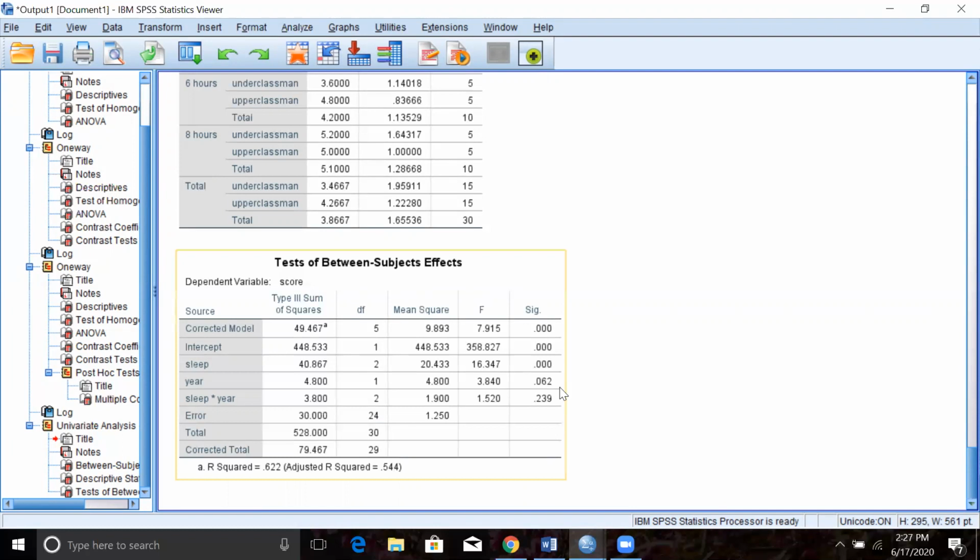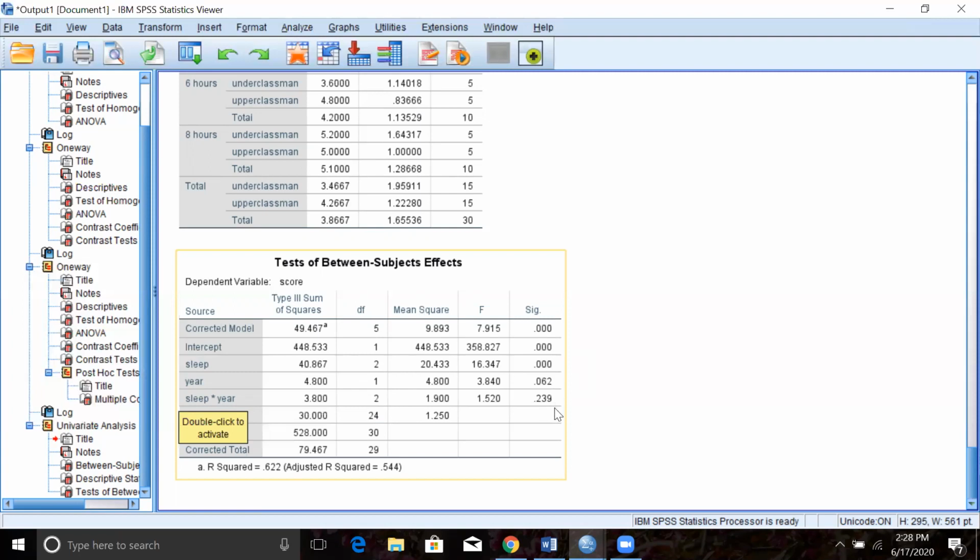Now, in order to evaluate that, you go to, in the tests of between-subjects effects, the row where it says sleep by year. This is our interaction term. There's a unique F statistic for the interaction that tells you whether or not the interaction is significant, right? There's a significant main effect of sleep. We already knew that because we ran the one-way ANOVA, so that F statistic is significant.